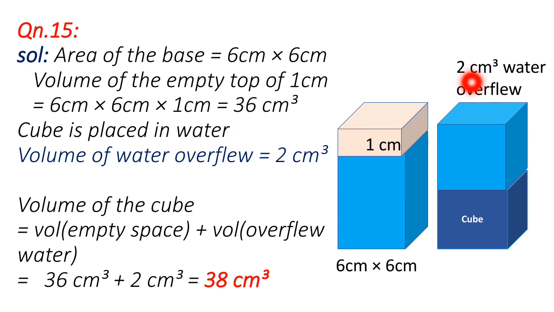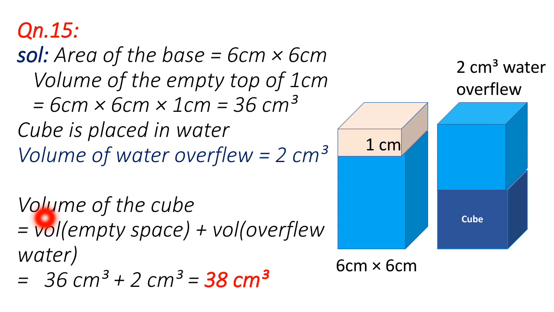So the quantity of water that overflows out is 2 centimeter cube. So actually when the cube is placed here, the water rises and covers that empty space, and some amount of water also overflows.